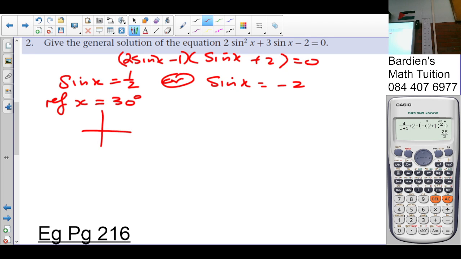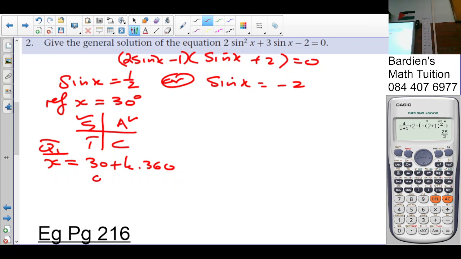Which quadrant is sine positive? Sine is positive there and there, not so? So how do we get into quadrant 1? X is equal to 30 plus k times 360.